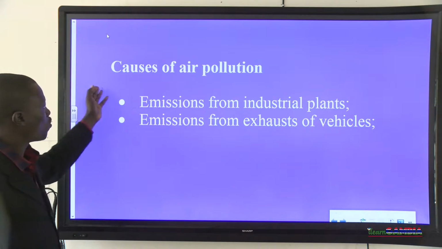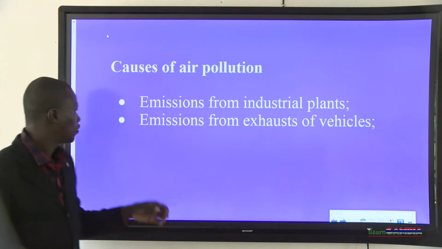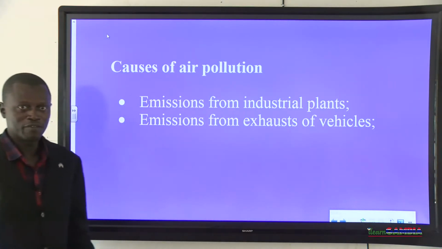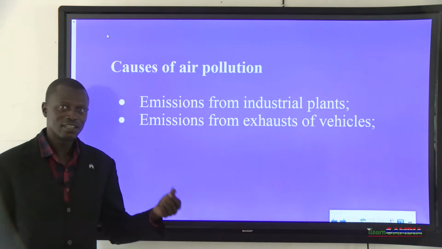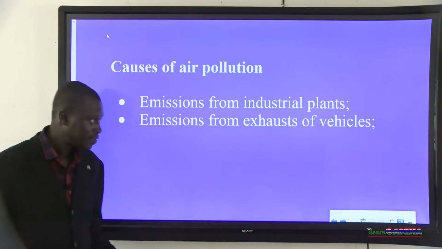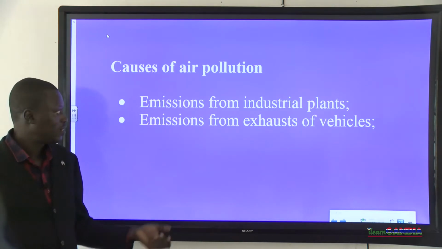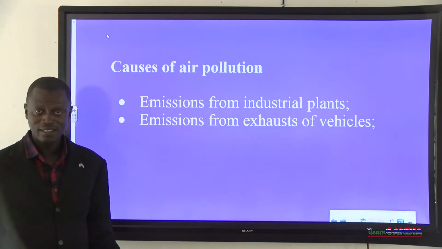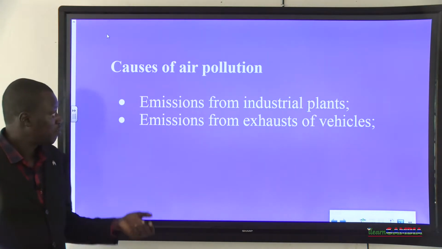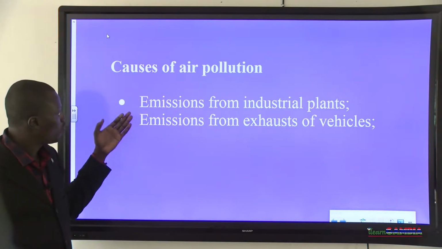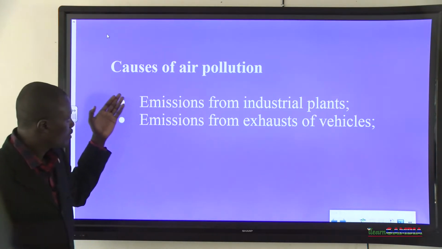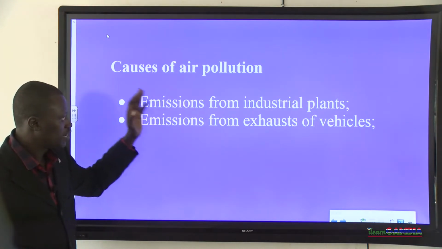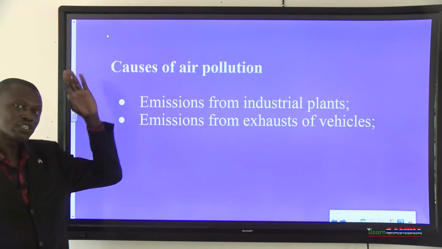Now, what are some of the causes of air pollution? Some of the causes are emissions from industrial plants. For example, the Banjul Breweries Limited, Gambega, which is in the Kanifing municipality, even Sankunsila's processing industry in the same Kanifing municipality. If you move to some of these industries, obviously you can see some of the emissions from the chimneys of their machines, and all goes into the atmosphere.